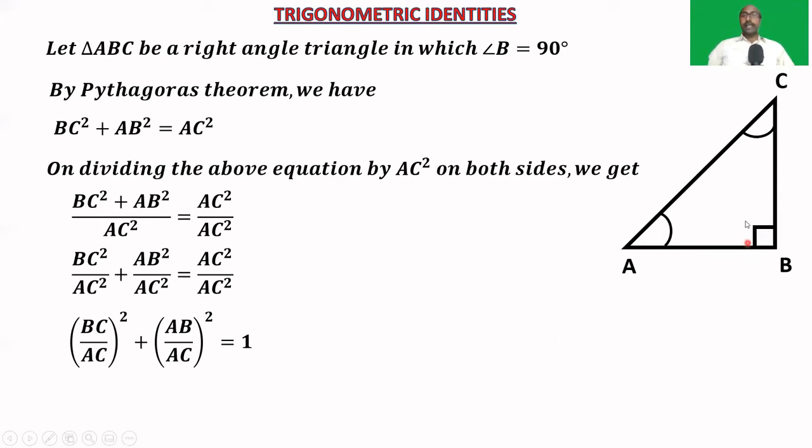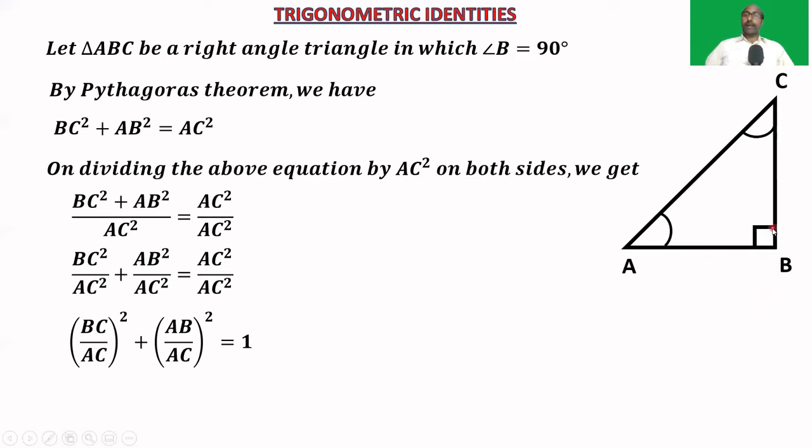Now students, observe this picture. In this picture, BC is the side opposite to angle A. AC is the hypotenuse. So that BC by AC, that is with respect to angle A, opposite by hypotenuse is equal to sine A, isn't it?